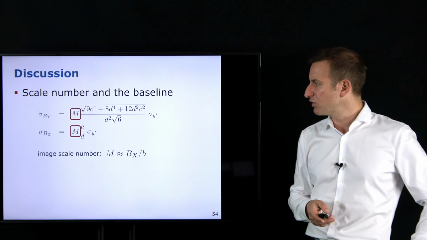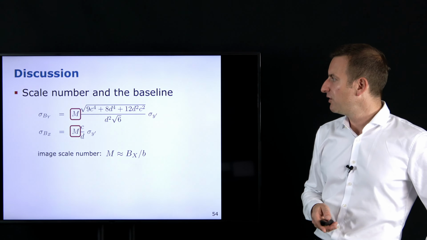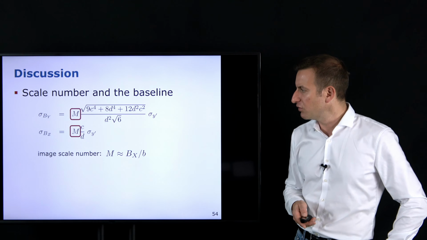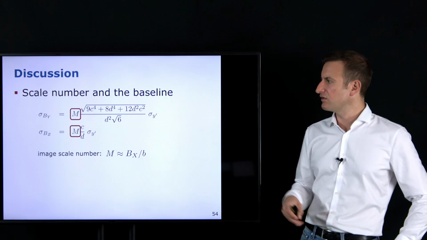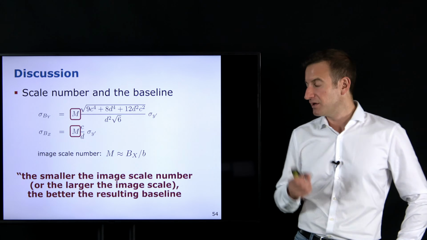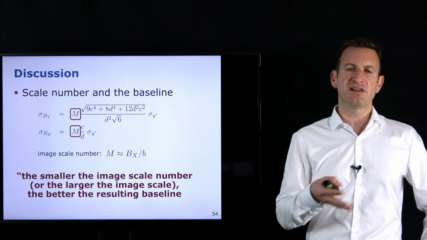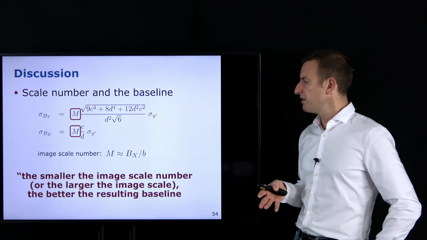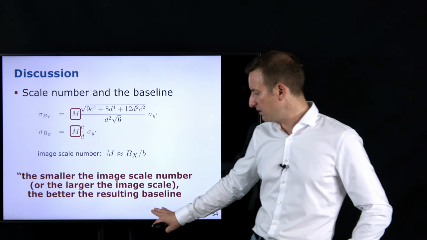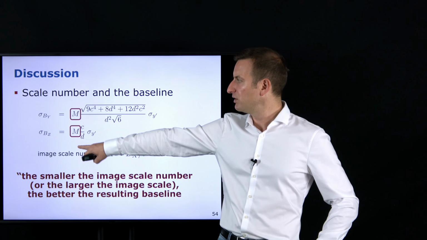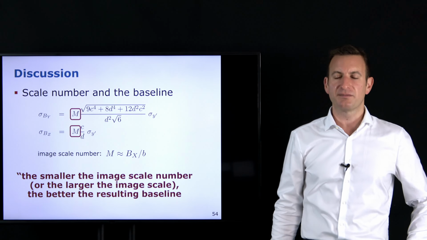And also a final word on the image scale number. So the smaller your image scale number, or the larger your image scale, which is one is the inverse of the other, the better your result will be. So the smaller the image scale number or the larger the image scale, the better is your result, but here not impacting the rotation parameters, only affecting the baseline vector.